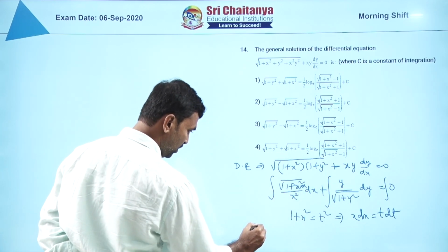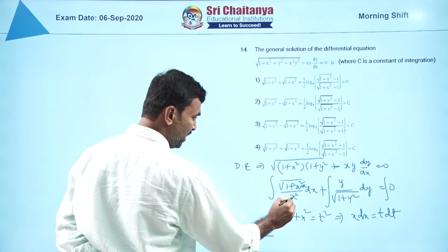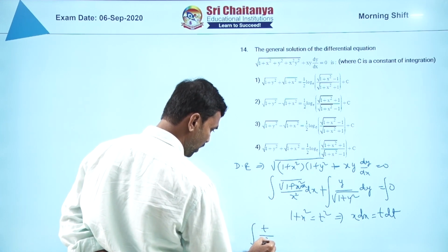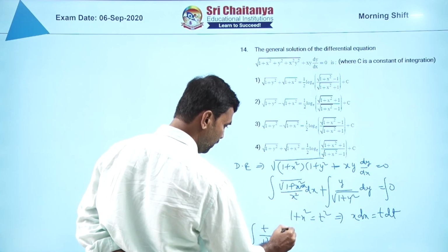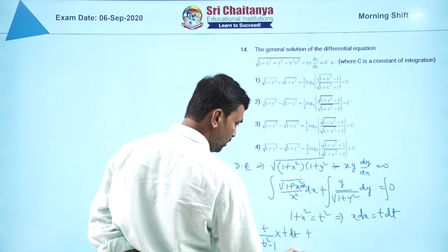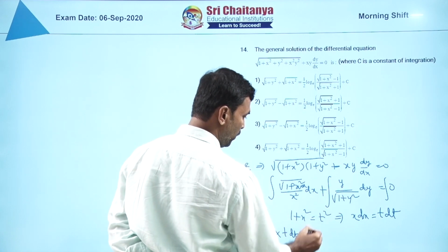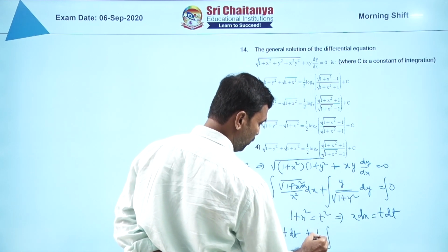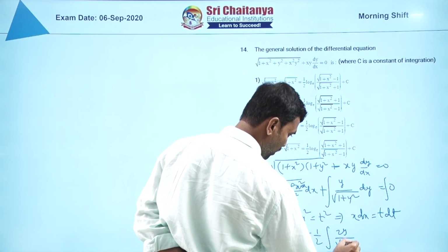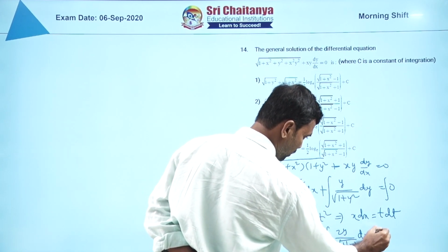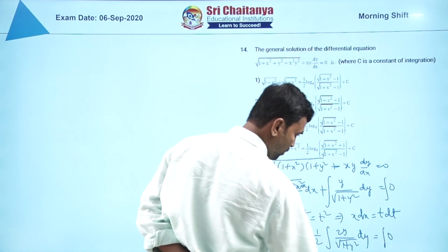Now, this becomes t divided by x square, means t square minus 1, into x dx is t dt, plus, to evaluate this, I am multiplying and dividing by 2, 2y by root over 1 plus y square dy, integral 0.